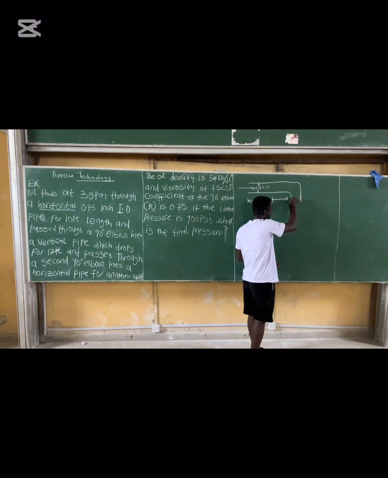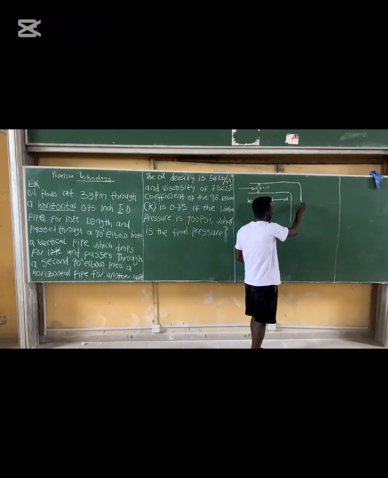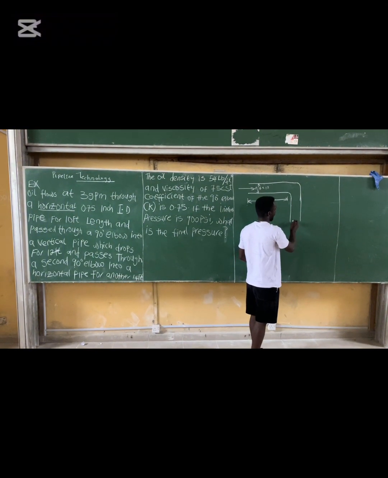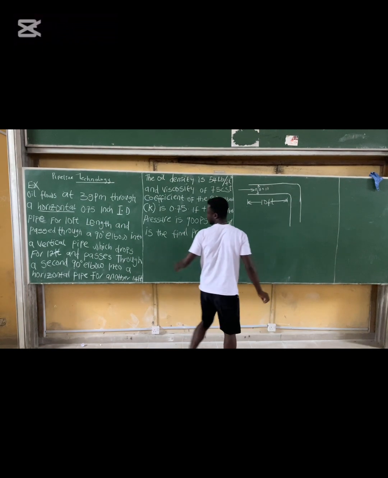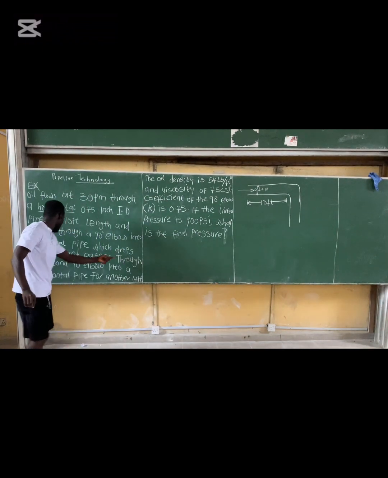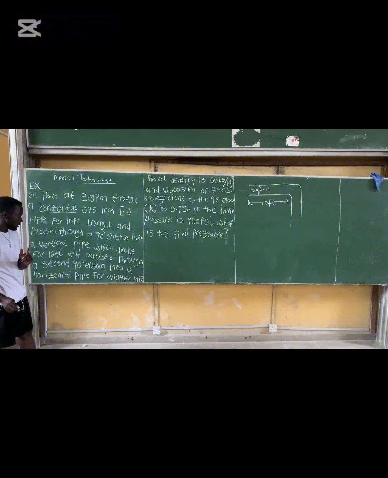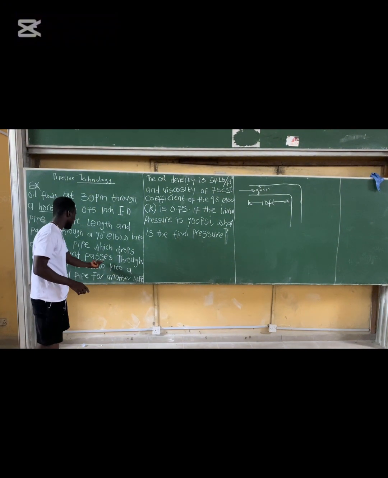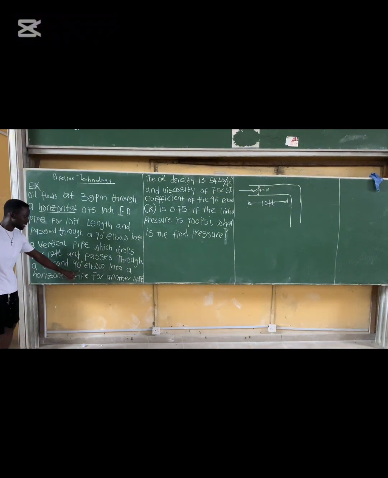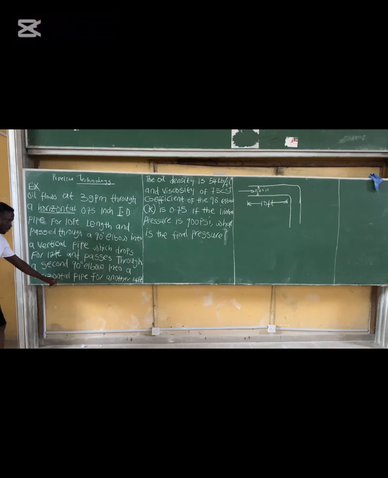So the pipe drops down and enters the vertical pipe, which drops for 12 feet and passes through a second 90-degree elbow into the horizontal pipe.